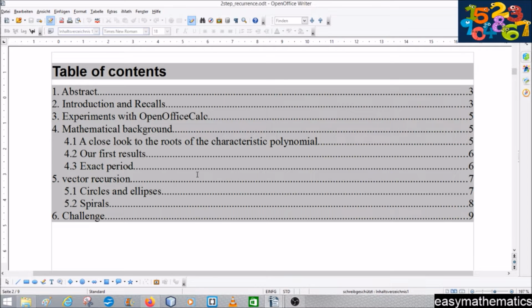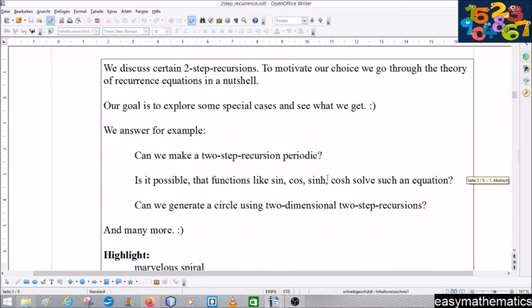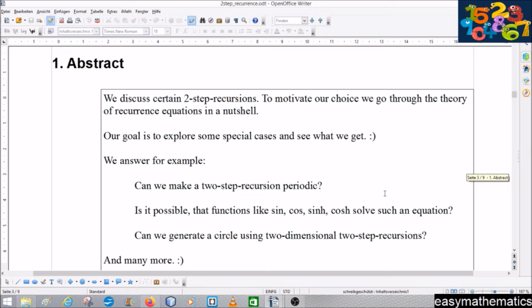So let's go. So first, what we want to do is we want to talk about two-step recursions, and one of the most famous ones is of course the Fibonacci sequence.